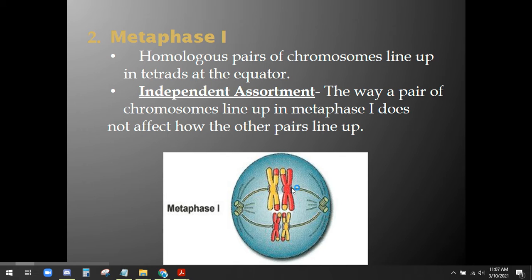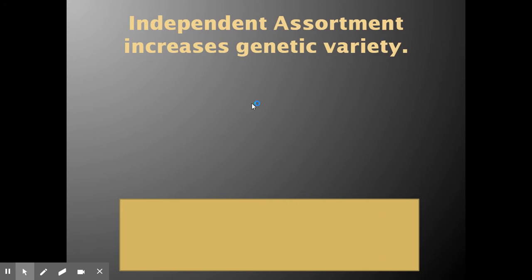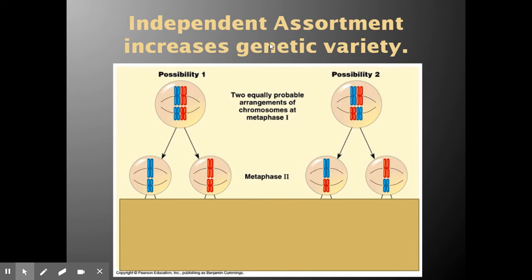This way, we don't get two of the same on one side. That's what independent assortment is, where they line up like this instead of side to side or something like that. Independent assortment is also done to increase genetic diversity or variety.